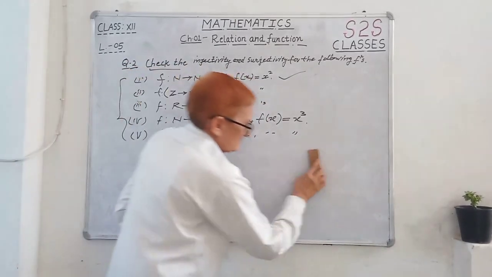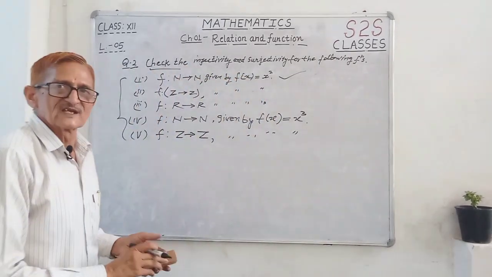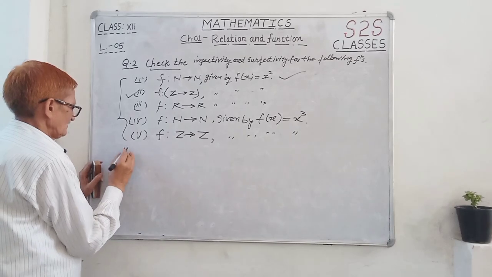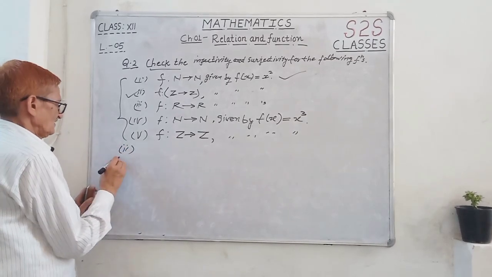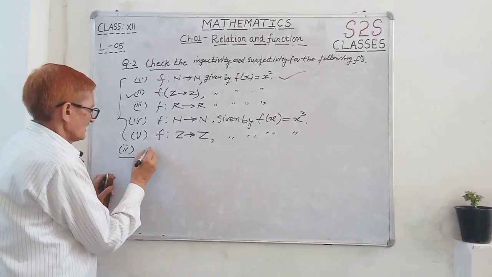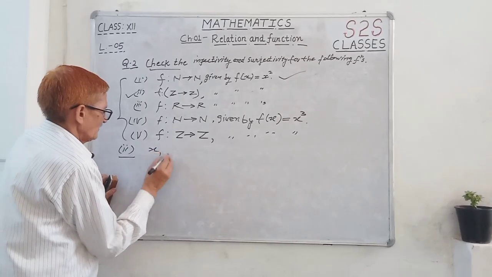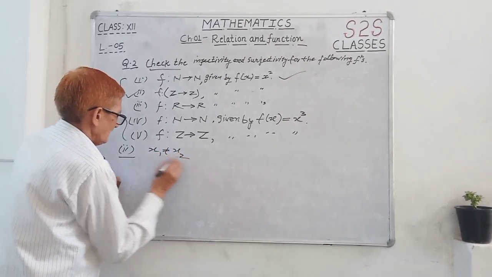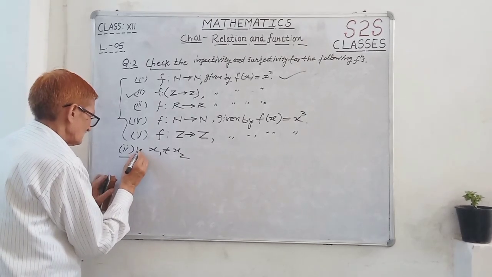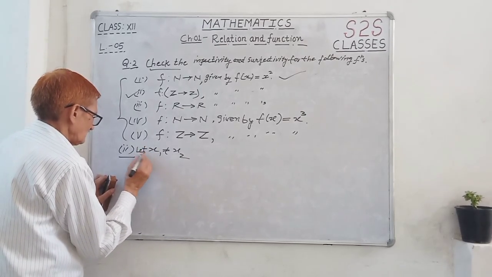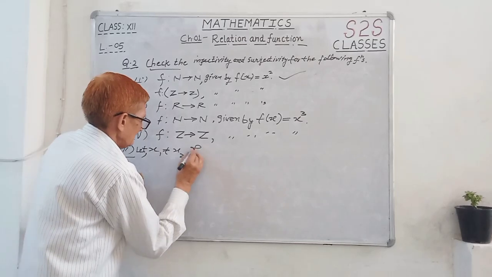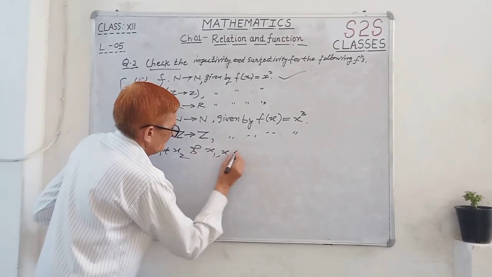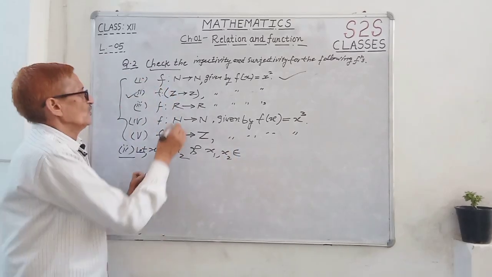So the first part is done. Now the second part. For the second part, for the integers, let x1 not equal to x2, and x1, x2 belong to the domain set.